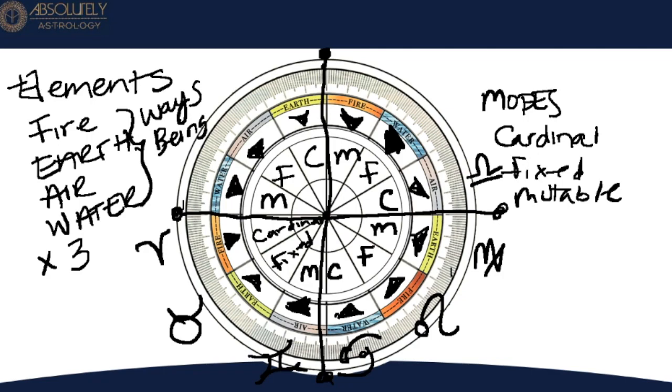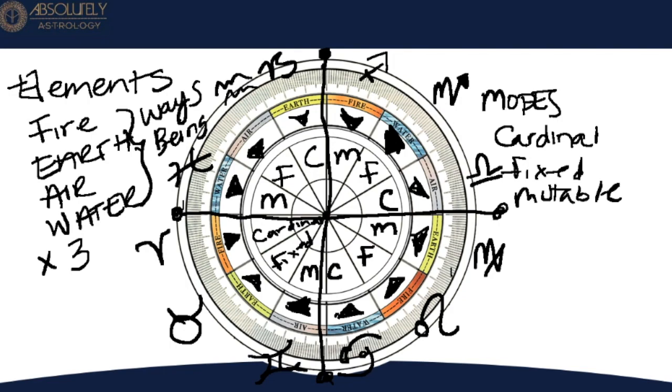Libra, cardinal, air. Scorpio, fixed, water. Sagittarius, which is mutable, fire. Capricorn, which is cardinal, earth. Aquarius, which is fixed, air. And Pisces, which is mutable, water.